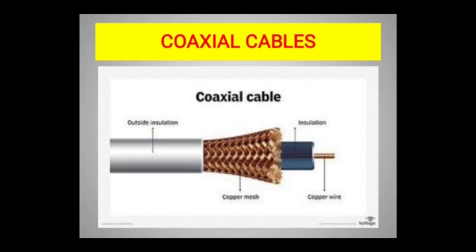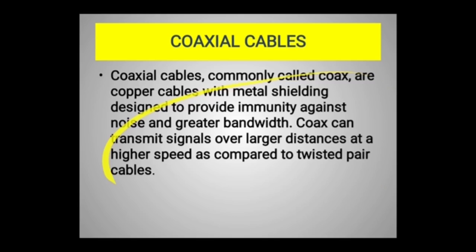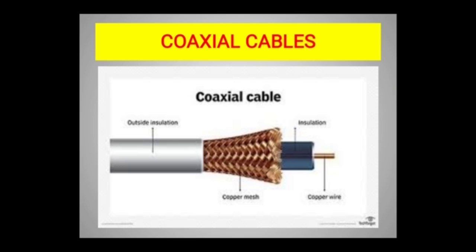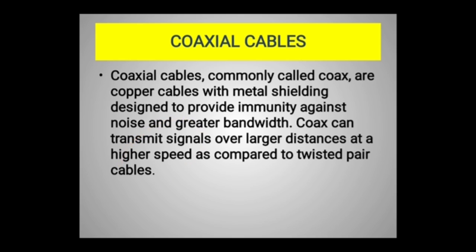Let's discuss coaxial cable. As you can see in the diagram here, the coaxial cable is also known as coax. This is the main wire, the main data carrier, which again has an insulation of some plastic material. Then we have a copper mesh, and this is the outside insulation.